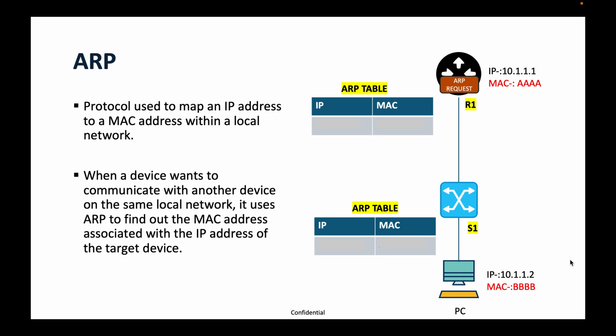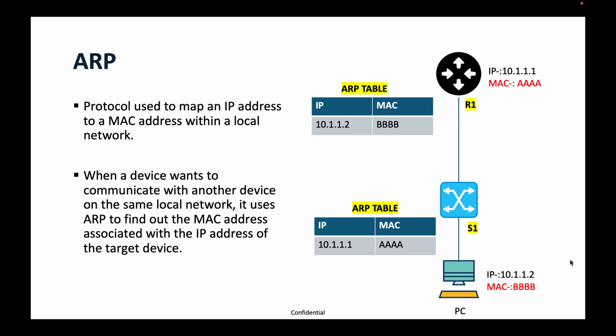Now, once the router receives the request, it replies with the router's MAC address. At the same time, the router also learns the PC's IP and MAC address because of the ARP request. Similarly, the PC also learns the MAC address of the router from the ARP reply.